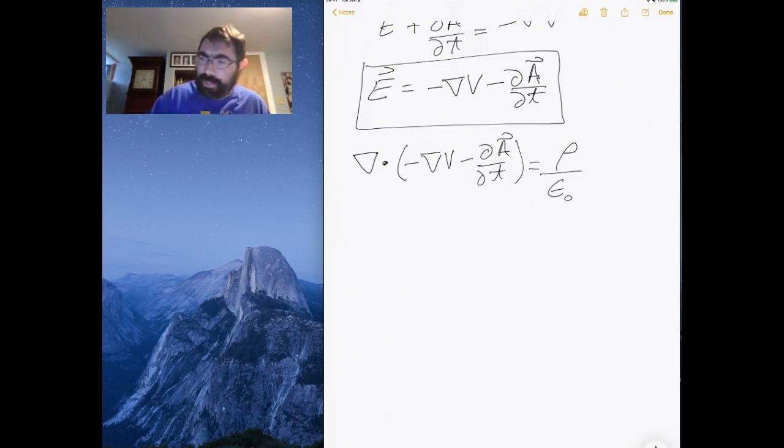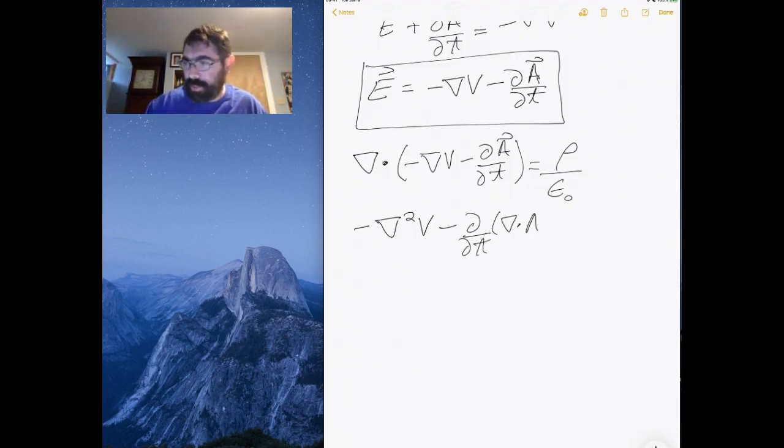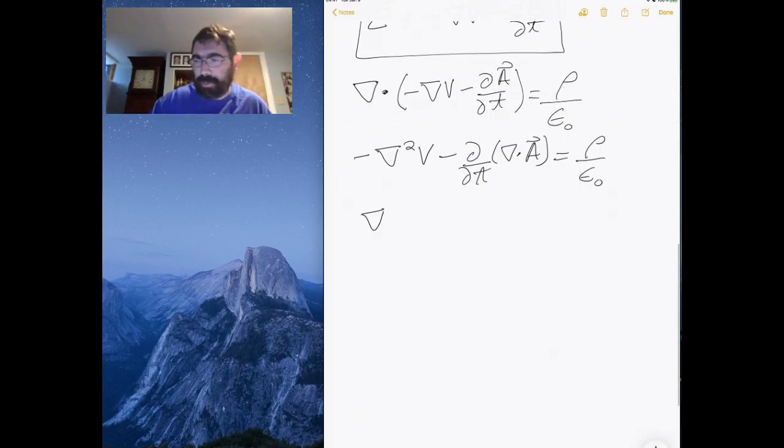Okay, so then when I apply that, I get minus the Laplacian of the electric potential minus the time derivative of the divergence of the vector potential. And that's equal to charge density over epsilon naught. So just to clean it up and make it look a little better, I'll multiply both sides by -1, and I'll get now this thing, which is essentially a second order differential equation.